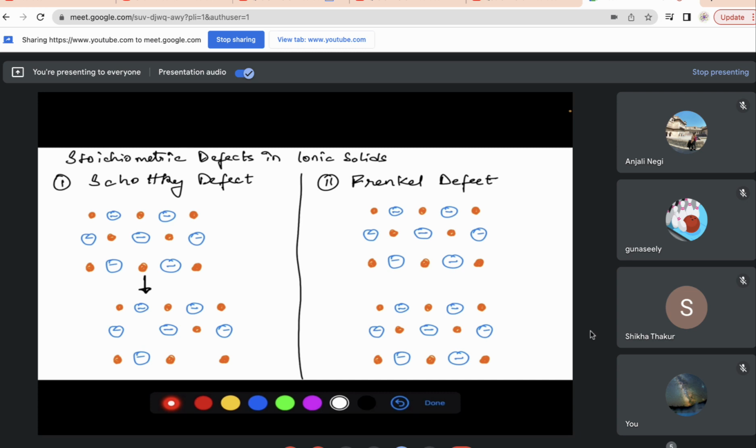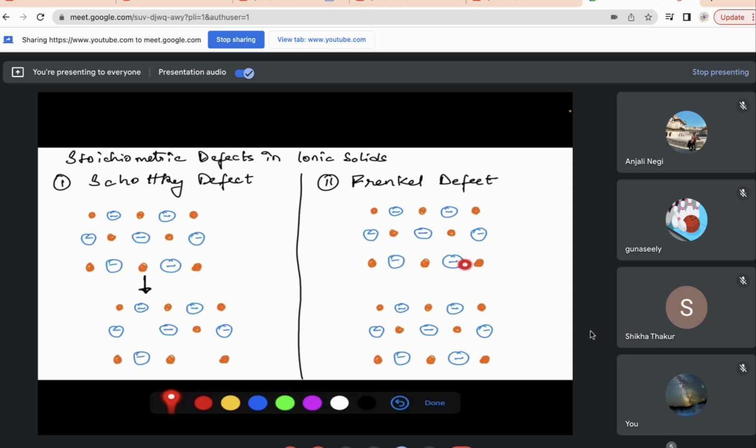Now to understand the Frenkel defect. Frenkel is simply, in any crystal, when an ion leaves its regular site and occupies an interstitial site. Here the ion is not leaving the whole crystal, but it is occupying the interstitial site.